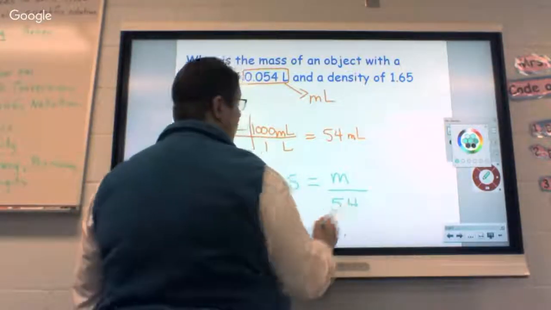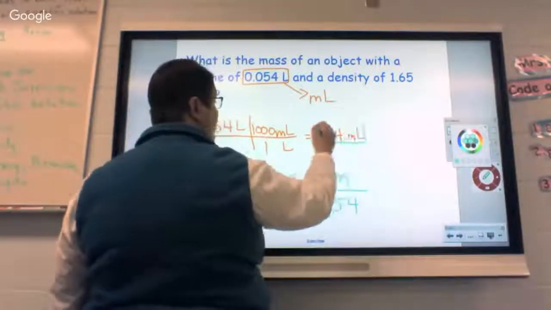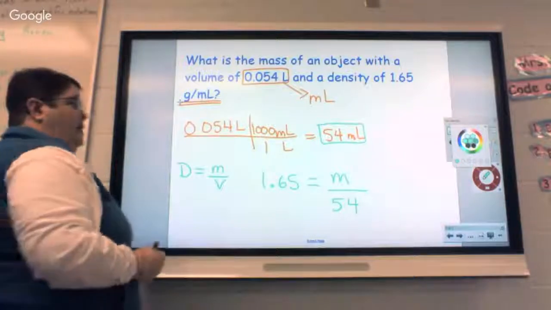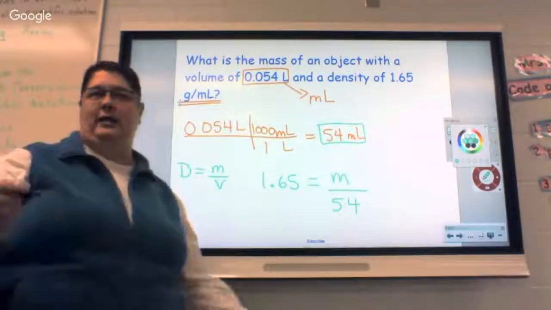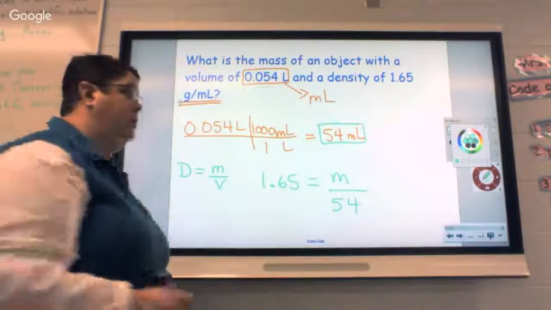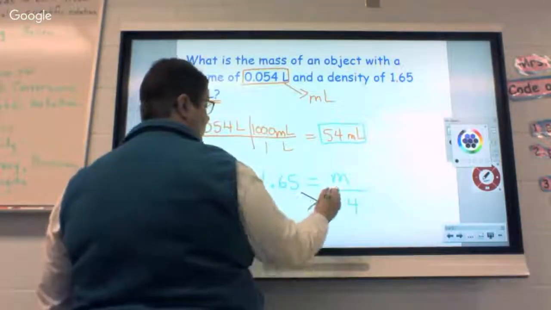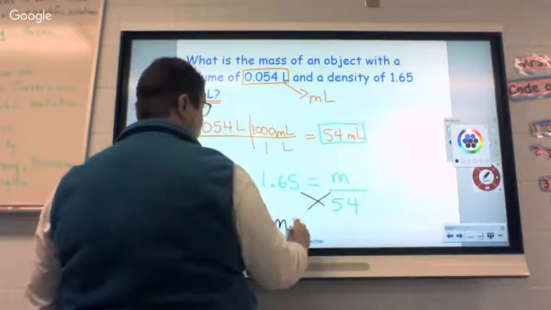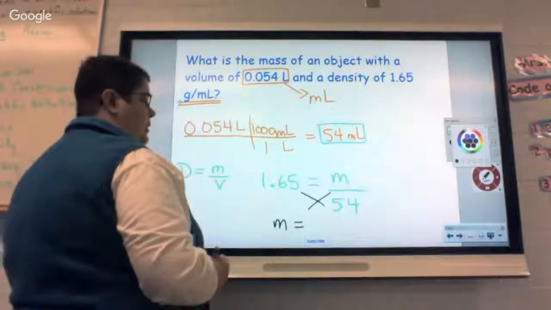This is where you have to remember to use the new one that you just converted to, not the old one that they gave you. If you were sitting in math class, you can solve for M any way you want to. Which way did I tell you I always solve? Cross multiply. So M equals, I multiply those two things. What do I get?